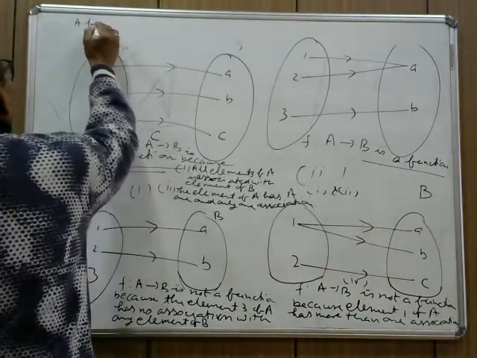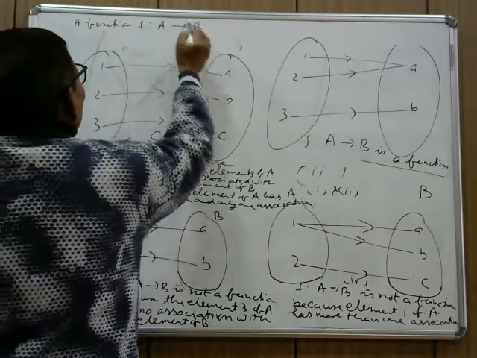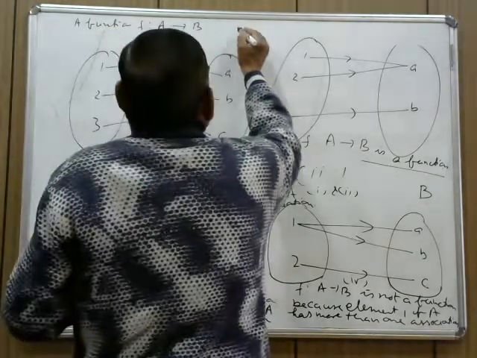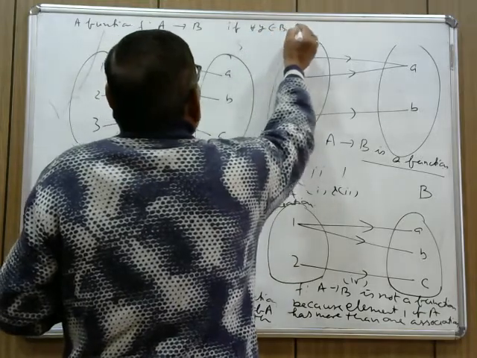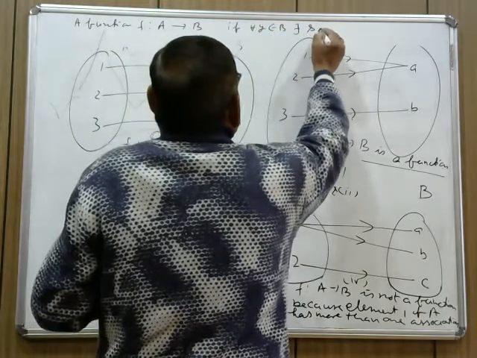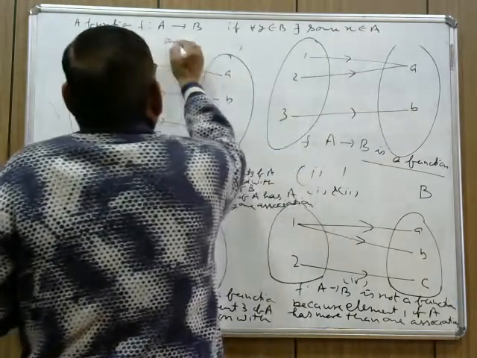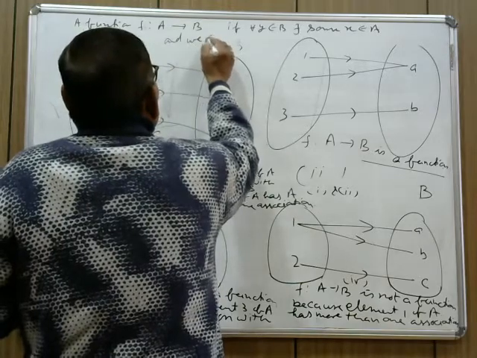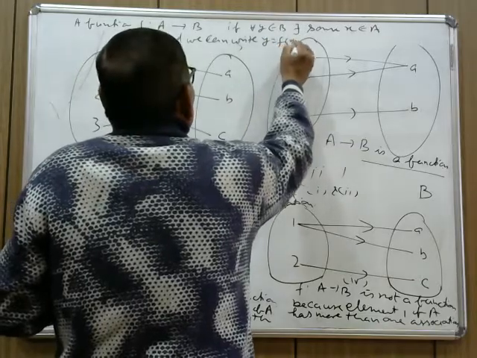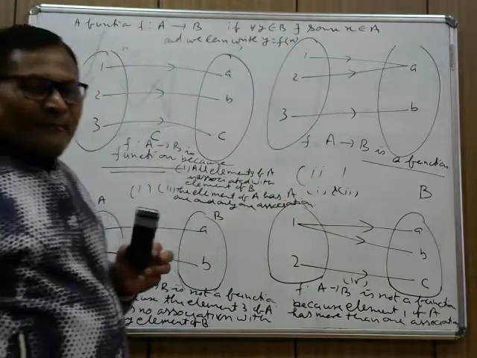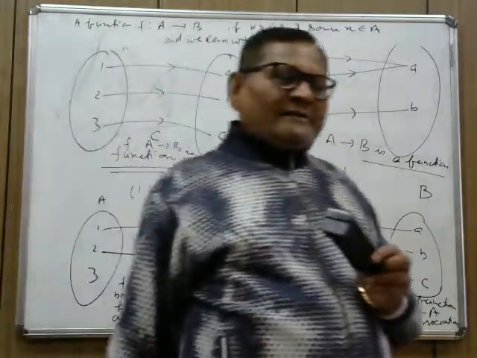A function f from A to B if for each y belonging to B, there exists some x belonging to A, and we can write y equals f(x). X is the parts of the vehicle and f is operated by the driver.